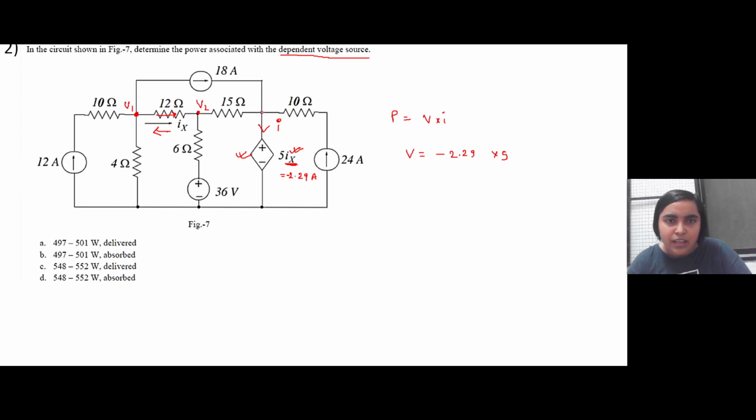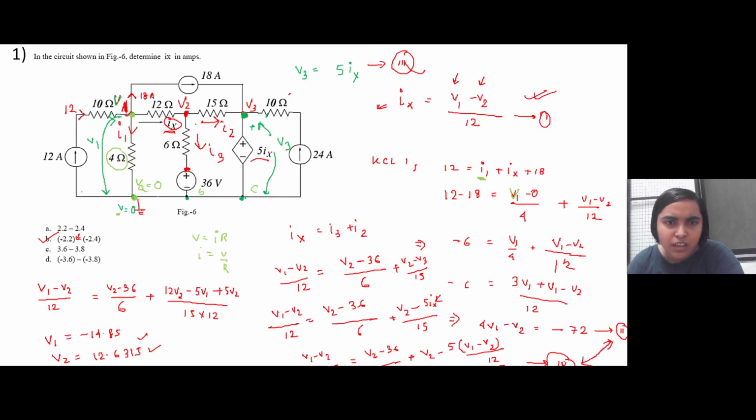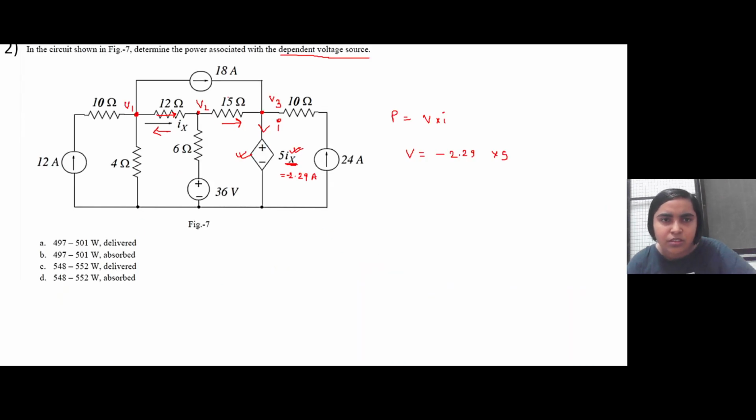Yes, ma'am. So you know this V3 and V2, right? So you can calculate the current across this branch because V2 is known, right? V2 was 12.6315.